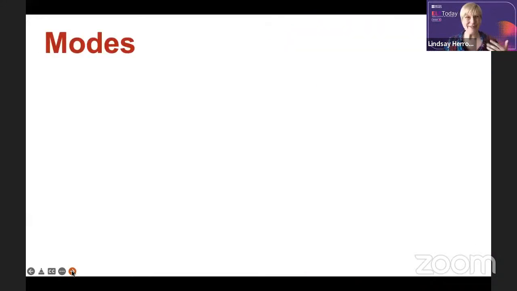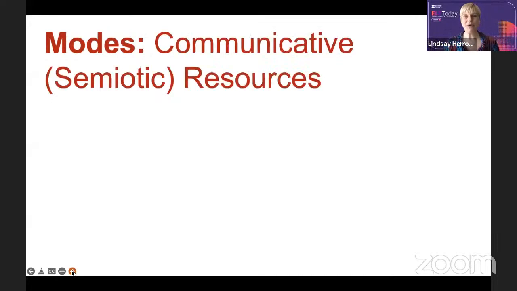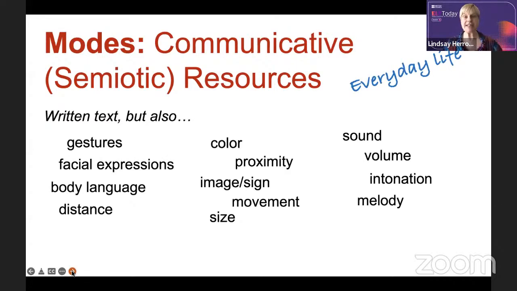Now, this was covered very well by Professor Lim, but just to make sure, modes are your communicative or semiotic resources. You use these all the time in everyday life. Don't be scared by the idea because you're surrounded by modes. You're using modes all the time.